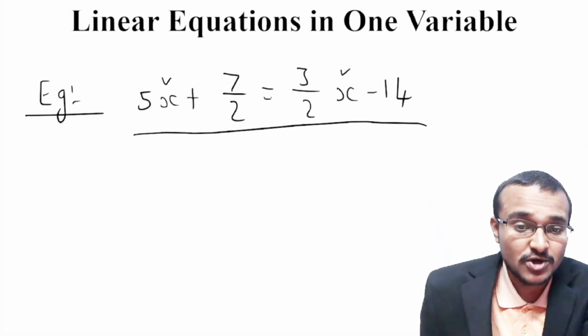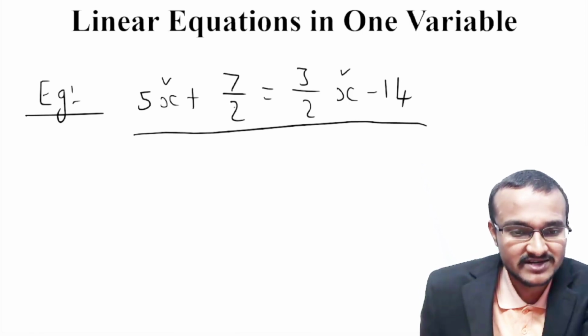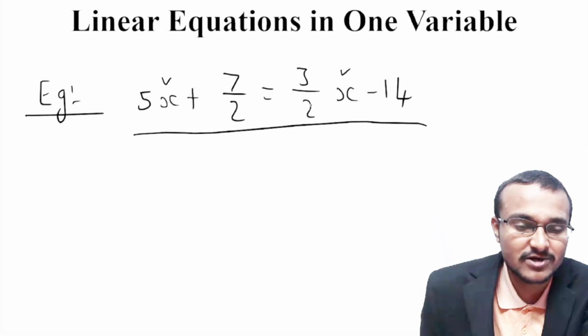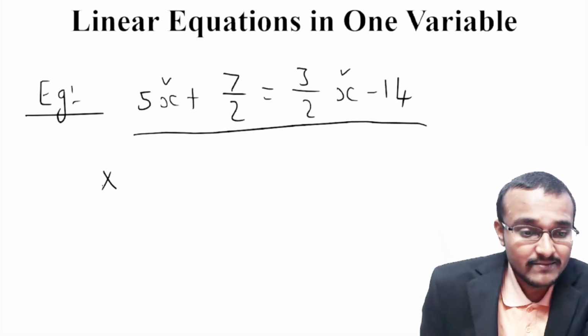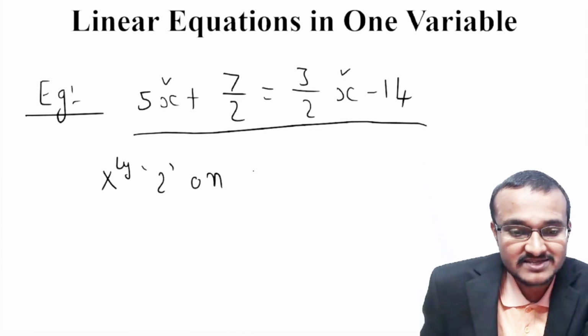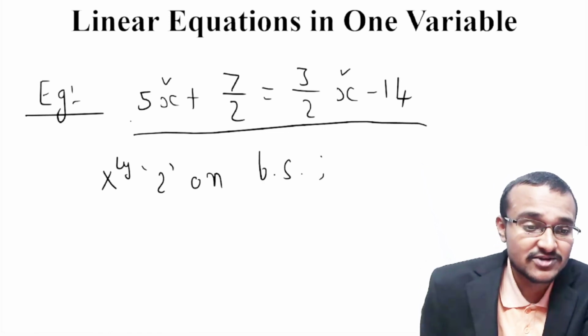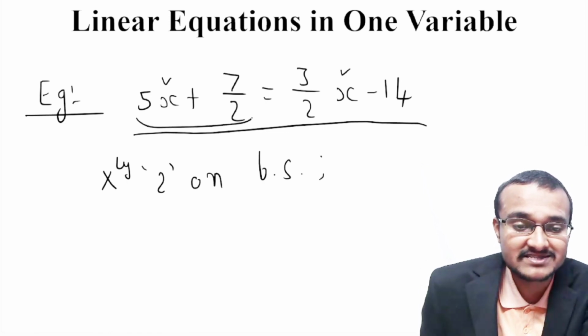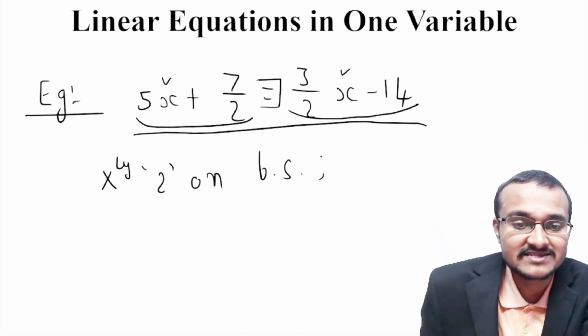So to solve this, we should actually get rid of this 2 because we have 2 in this denominator. Here also we have 2 in the denominator. So what I will do is multiply 2 on both sides. Whenever you perform any kind of operation, you should perform it on both LHS and RHS, because you should see here there is an equality symbol.